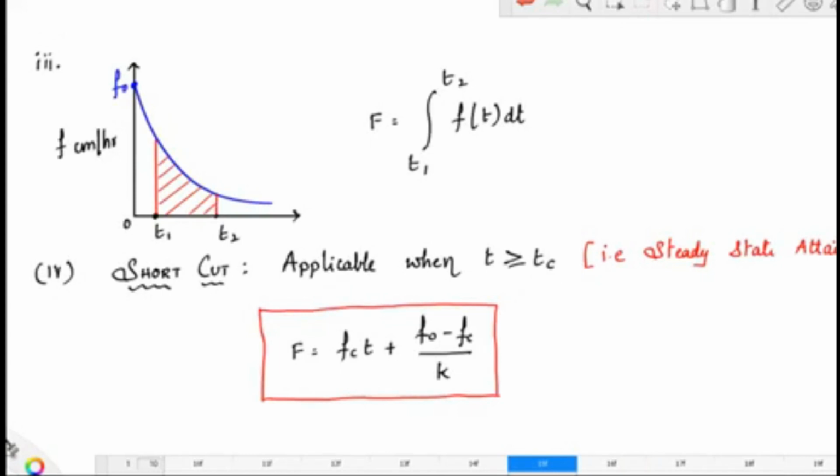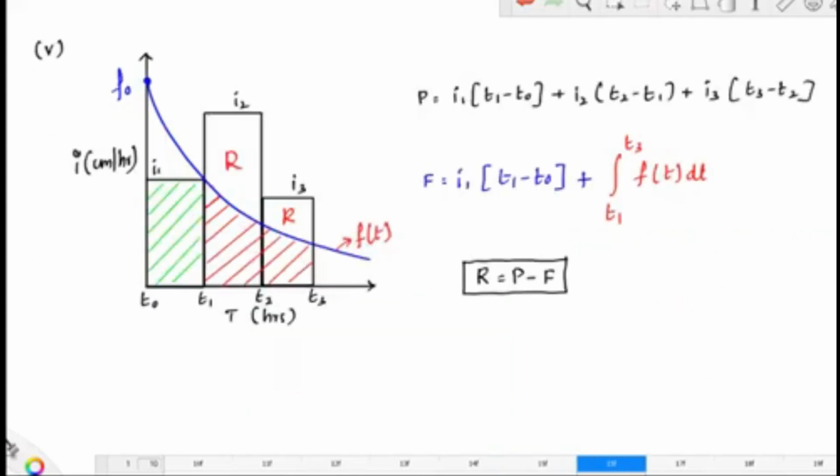When you substitute the given time t, if your f of t is equal to Fc directly, then you can say that steady state is attained. So these are your 5 points with respect to Horton's curve.